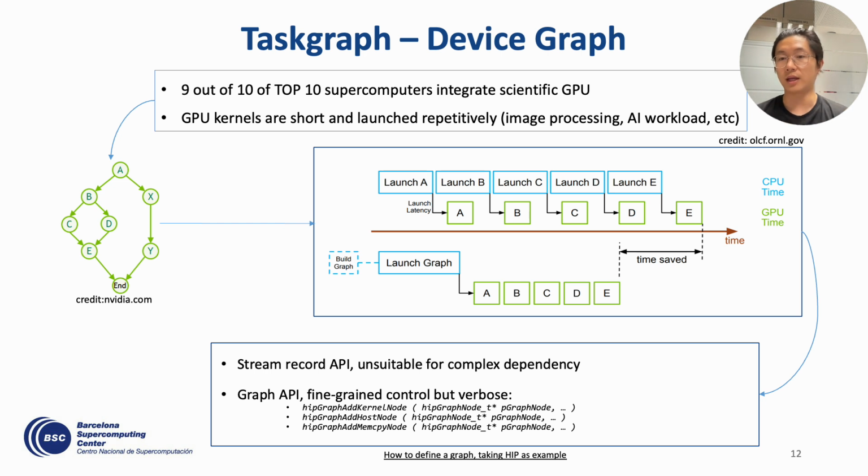Nine out of the top 10 supercomputers in the world right now are using GPUs. For this GPU computing, there is a new execution model, called the GPU graph. It was first introduced by CUDA, named CUDA graph, and then AMD adopted this concept and created HIP graph, their own version of GPU graph.